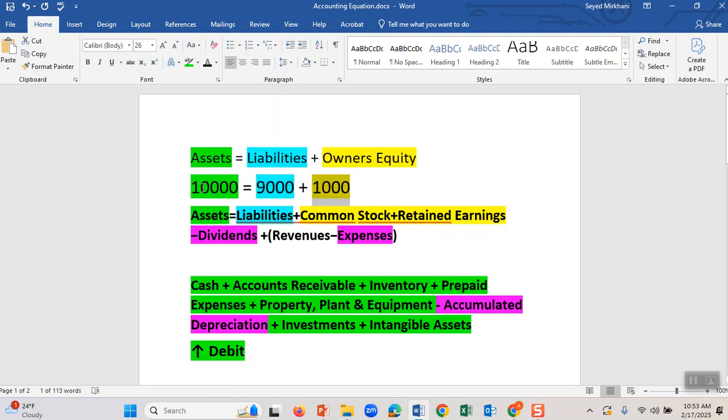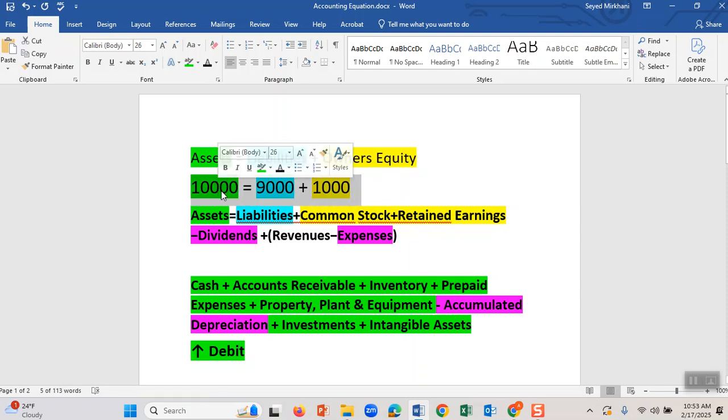Do you see? It always remains balanced, because if this goes down by 1,000 because of the accident, this goes down by 1,000 as well. Everything drops by 1,000, but our equation still stays the same.